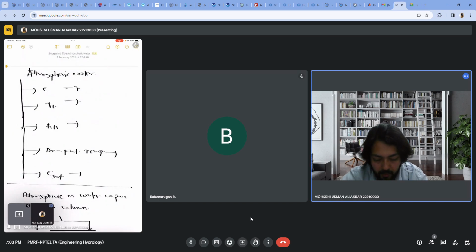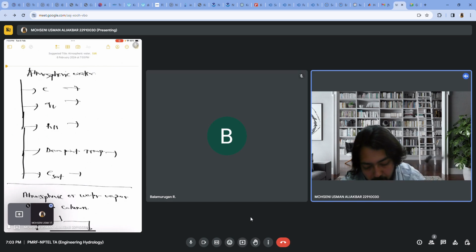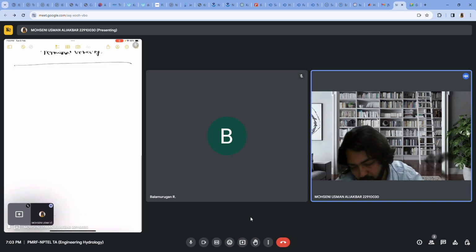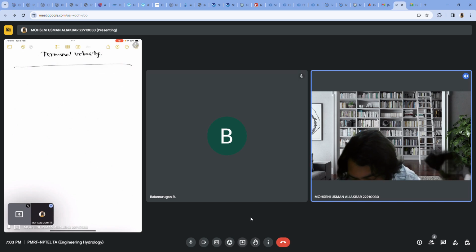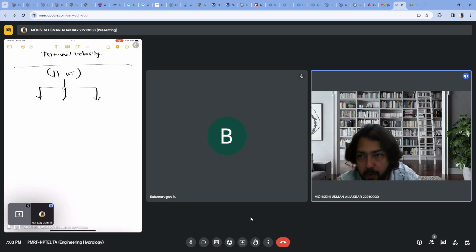In the previous class we studied how hydrology is divided into 3 parts, right? The first part was atmospheric water itself. In this lecture we are going to study more into atmospheric water. When we talk about atmospheric water, we can say that water exists in the atmosphere in all 3 states. We call atmospheric water AW.